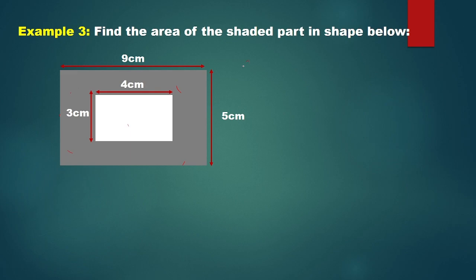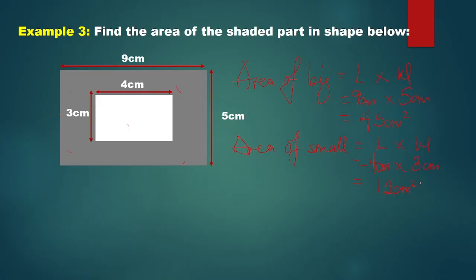So we want to take the small part out of it because we only need the area of this part without that part. The area of the big rectangle, since it's a rectangle, is length times width, which is 9 centimeter multiplied by 5 centimeter. This is 45 centimeter squared. Then the area of the small one is also length times width, which is 4 centimeter multiplied by 3 centimeter, and that is 12 centimeter squared.